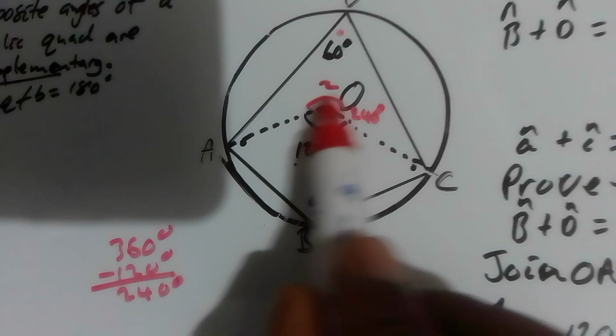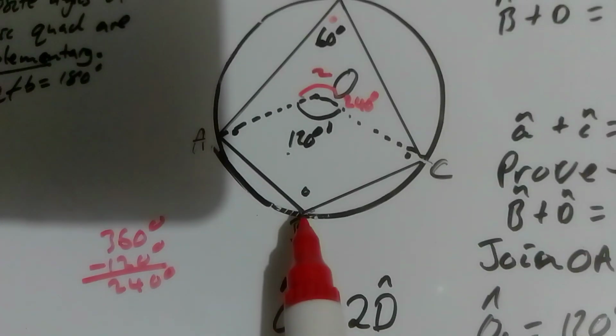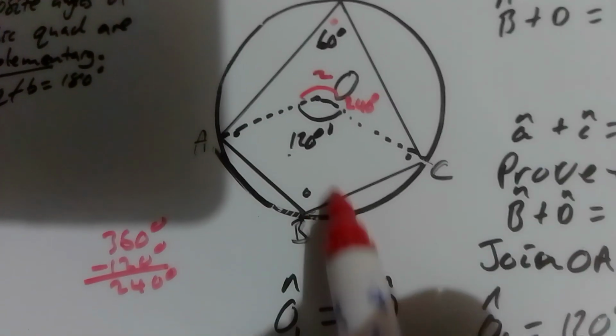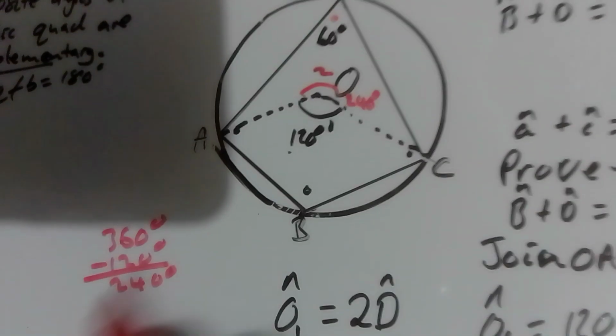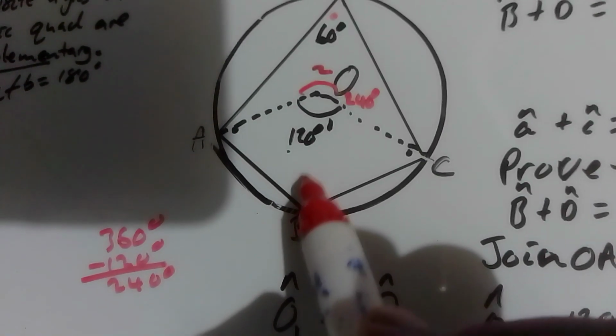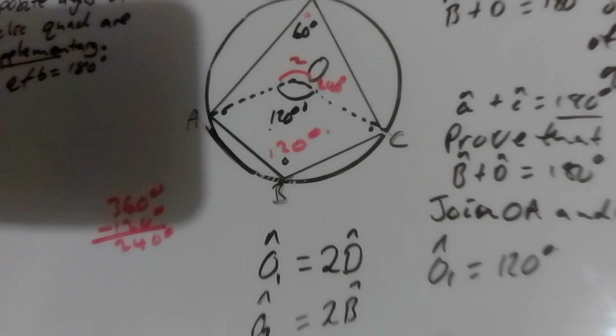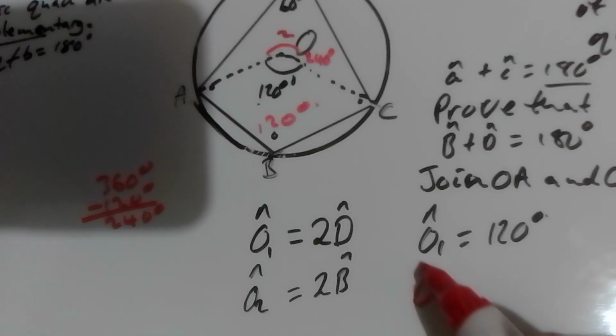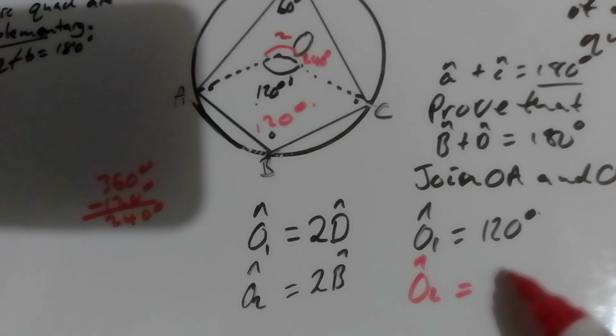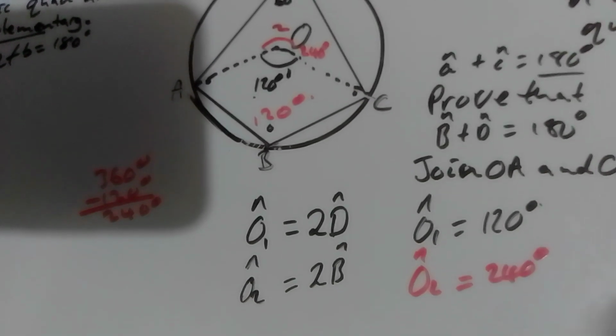Remember now, this reflex angle is 2 times bigger than angle B, which means that here half of 240 is equal to 120 degrees. So in other words, I'm now going to say that angle O2 is equal to 240.